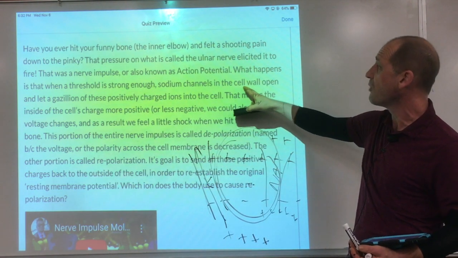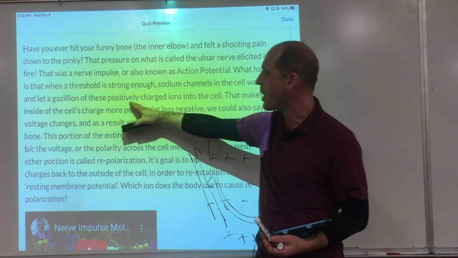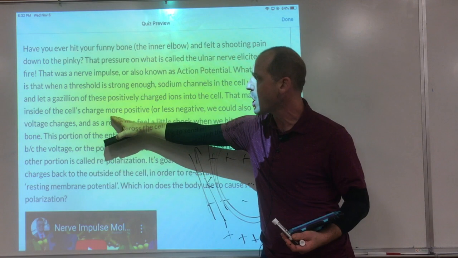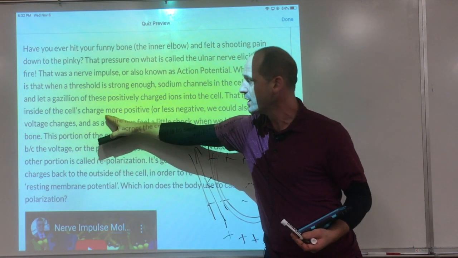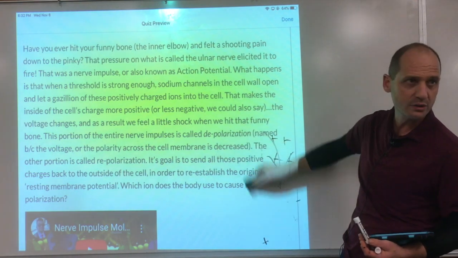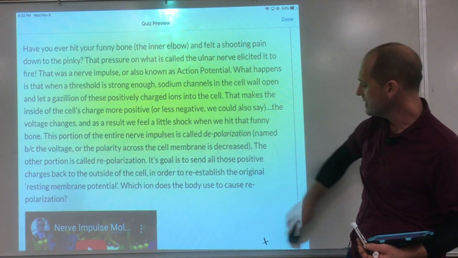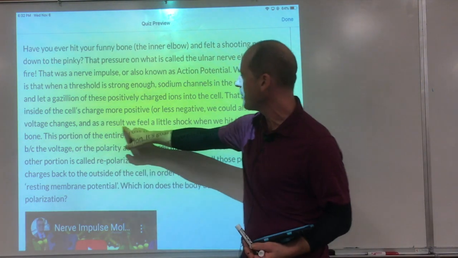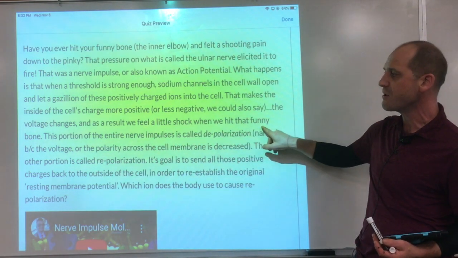Sodium channels in the cell wall open and let gazillions of these positive charges into the cell. That makes the inside of the cell a little bit more positive, or we can also say less negative, of course. That's kind of the way this science stuff goes. The voltage changes, and as a result, we feel a little shock when we hit that funny bone.